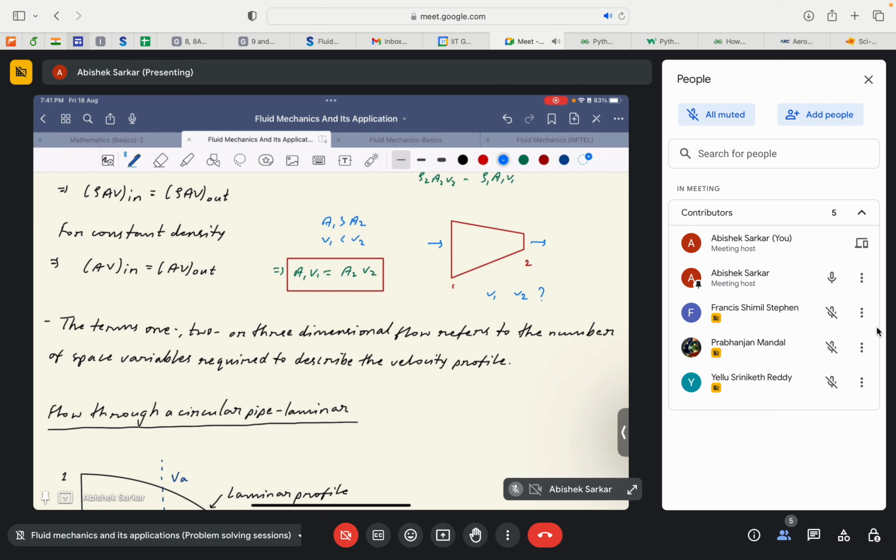Even if viscous effects would be there, because flow through a nozzle is a well defined practical case, viscous effects are inherently there.